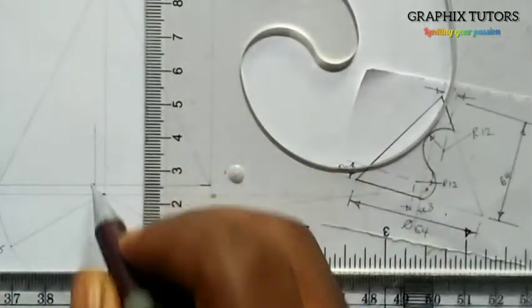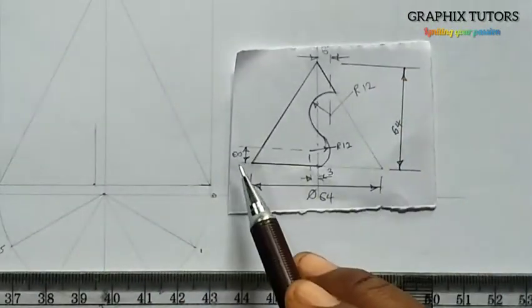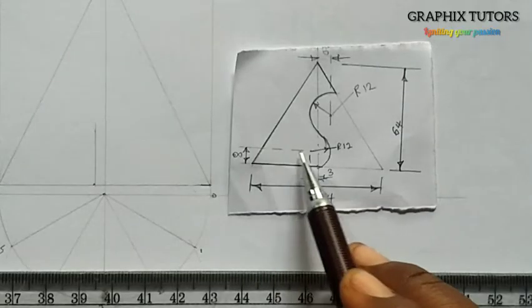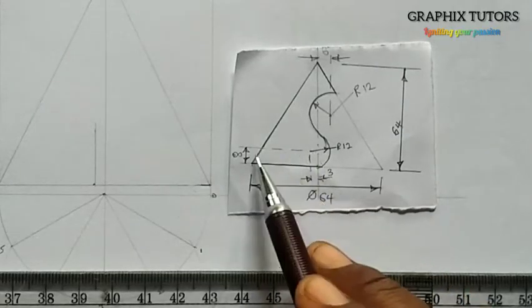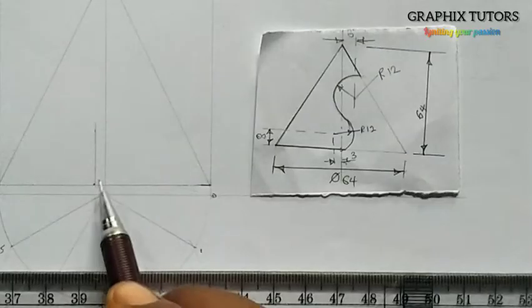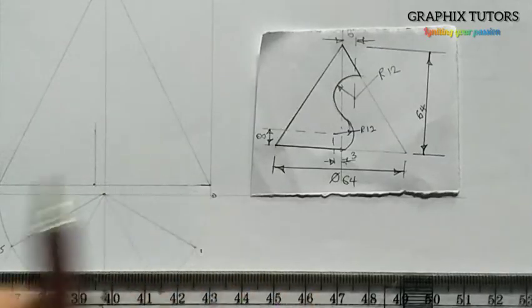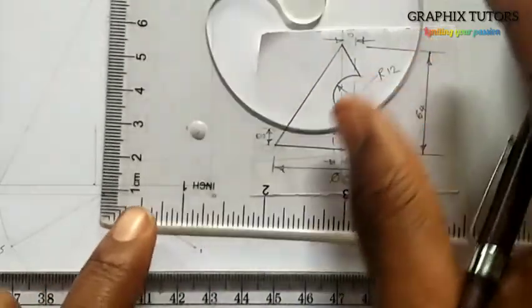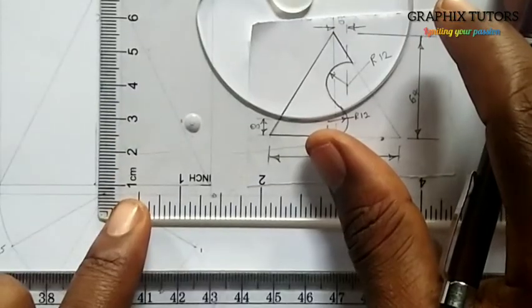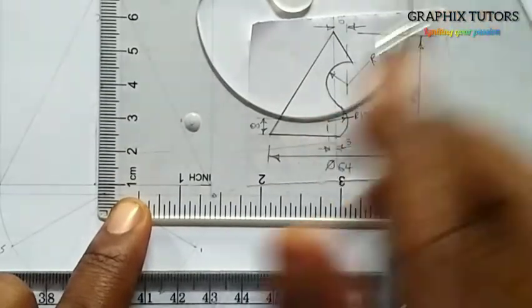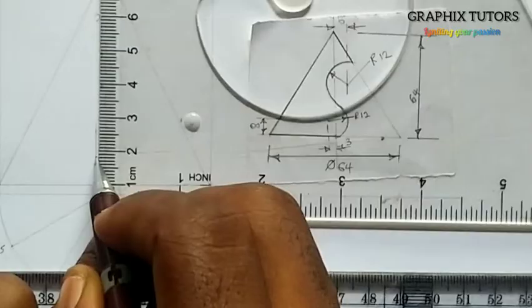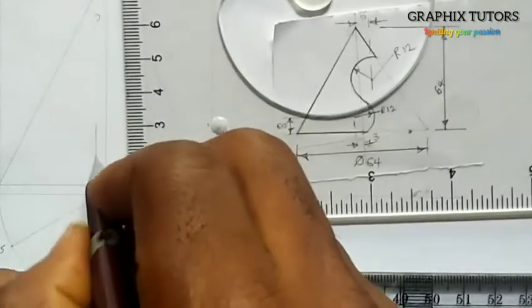Now from here, if you look at it very well also, the height between here and here, which is traced to the center here, is 8. So on this line I'll measure a distance of 8. From 1 here to this point here is 8, right?